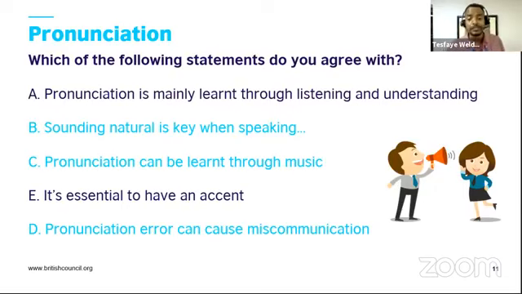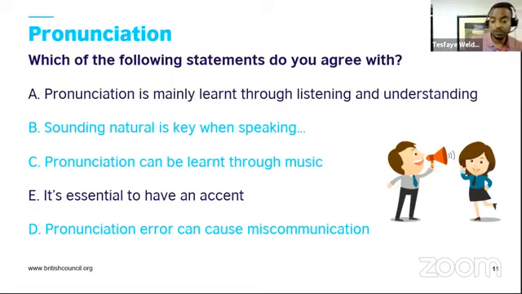But pronunciation, when you sing along, I can tell you, you learn pronunciation. I mean, you learn how to say the word correctly and the sentence correctly, and it will help you make it sound natural as well. So yeah, I suggest listening to music as regularly as possible if that's your interest.